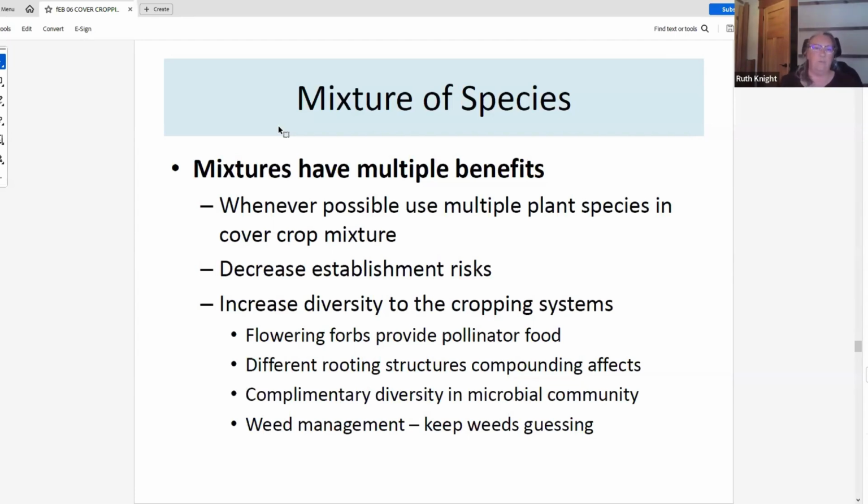And also having a mixture of species just ramps up increasing diversity to your cropping system. The flowering forbs provide pollinator food.